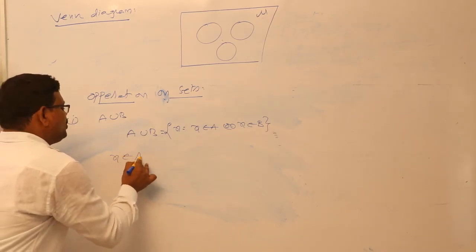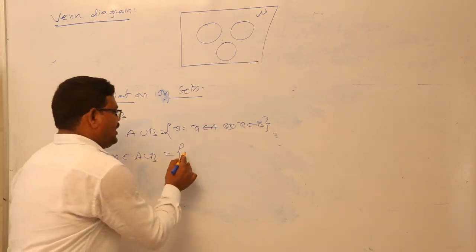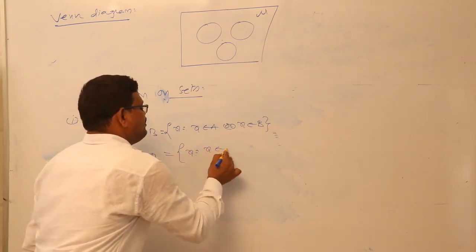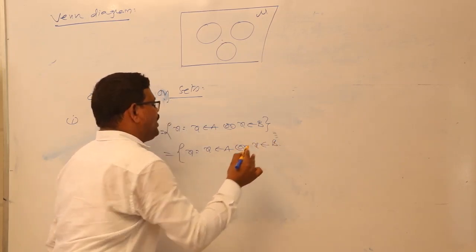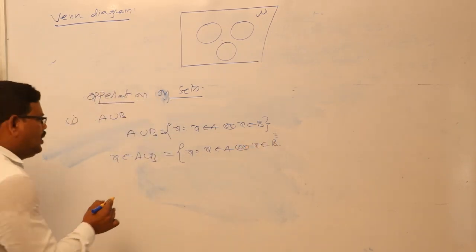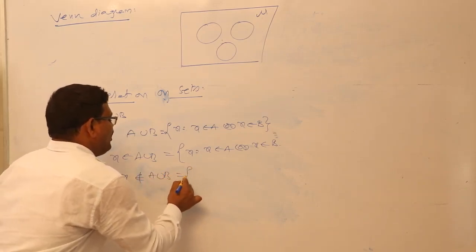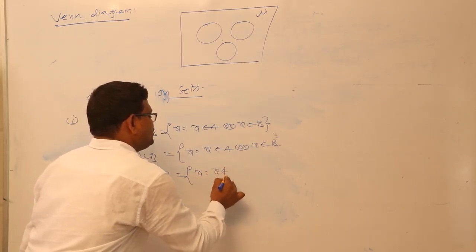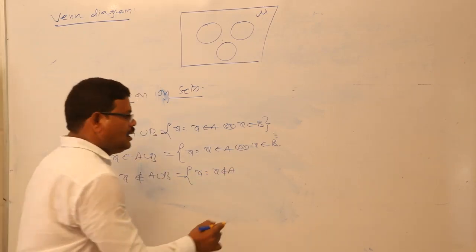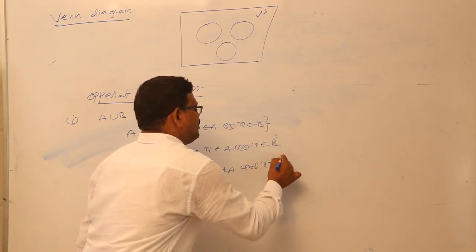If x belongs to A union B, x belongs to A or x belongs to B. If x does not belong to A union B, then x does not belong to A and x does not belong to B.